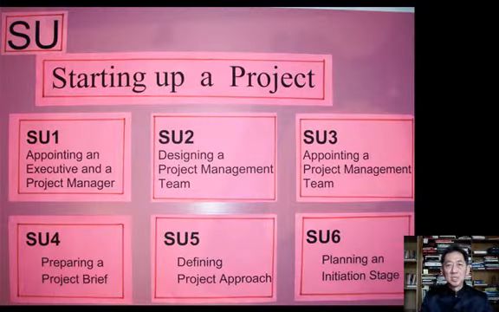Let's now look at the first part of PRINCE2, which is starting up a project. You notice that in the previous versions of PRINCE2, there are initials like SU, and the activities have names like SU1, SU2, SU3. Now all these initials have been dropped. You are not supposed to refer to them by the initials, but old-timers, like some of us practitioners, still inadvertently and unconsciously refer to the initials because it's a good old short form.